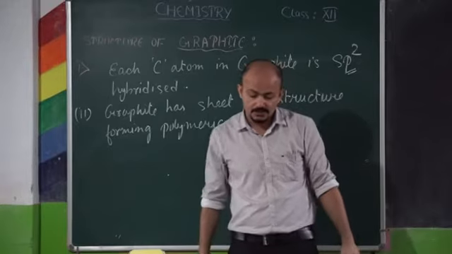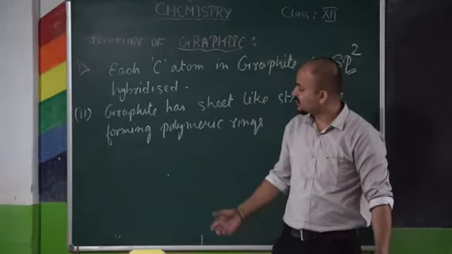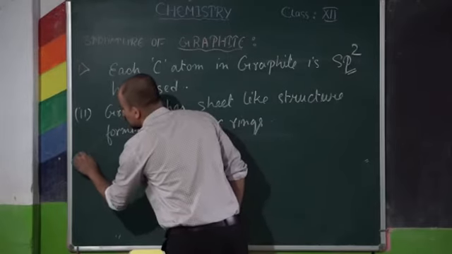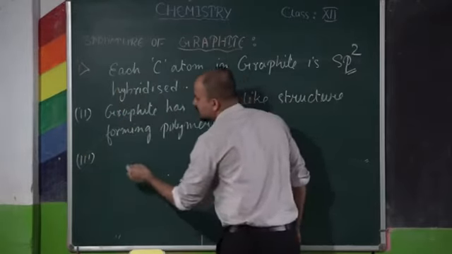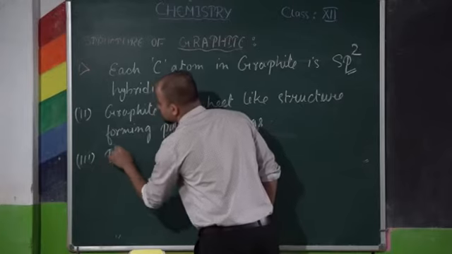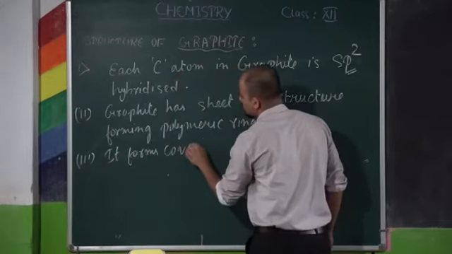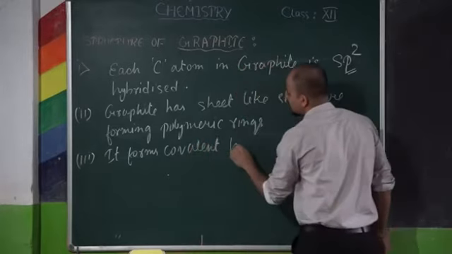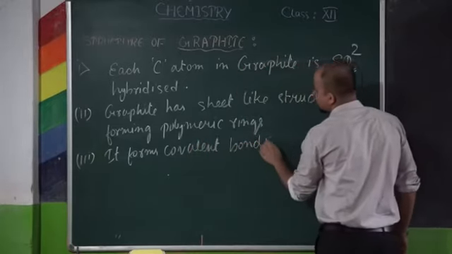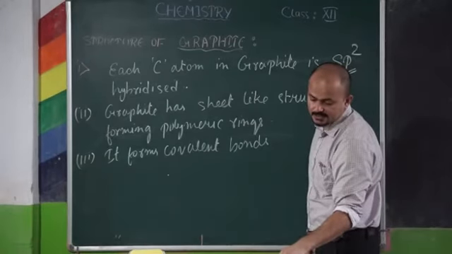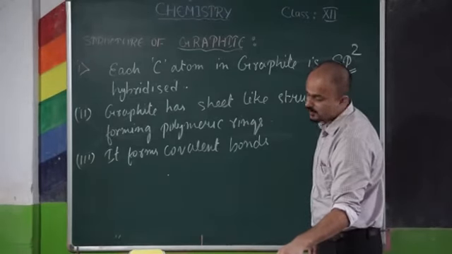And it has what? It has covalent bonds. Each carbon atom is bonded to other carbon atoms through covalent bonds and has a hexagonal structure, okay? It has hexagonal planar rings.